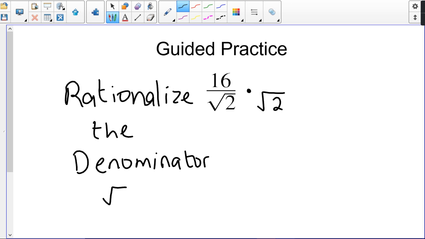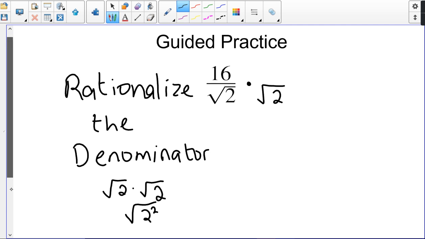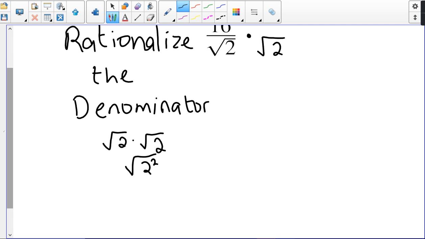Why? Because root 2 times root 2 is actually root 2 squared. The root of 2 squared is 2. This is root 4, which is 2, and it works every single time.